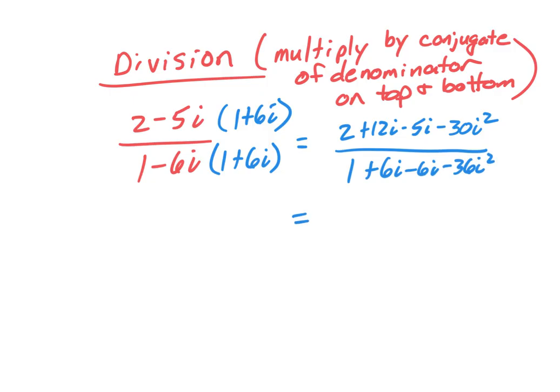The reason we do this is because we can't ever end up with an i in the denominator, just like we never want 0 in the denominator. When I multiply this by its conjugate, that's going to get rid of the i in the denominator.